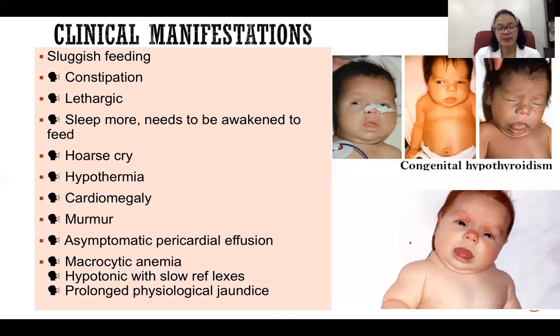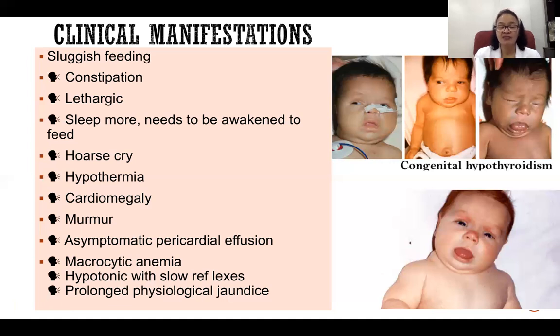But there are some infants who are exclusively breastfed. This physiologic jaundice may be extended up to 3 weeks of life. But patients with congenital hypothyroidism may even have prolonged jaundice beyond 1 month old.